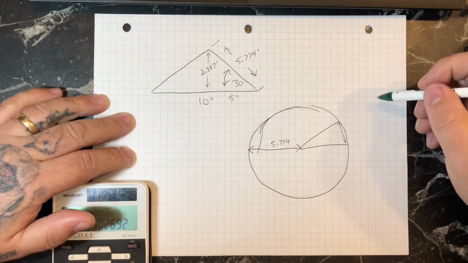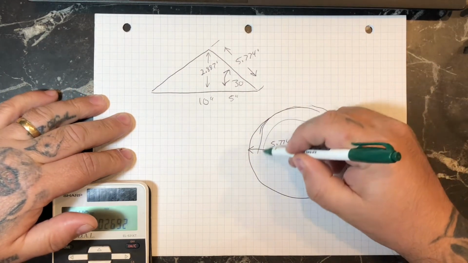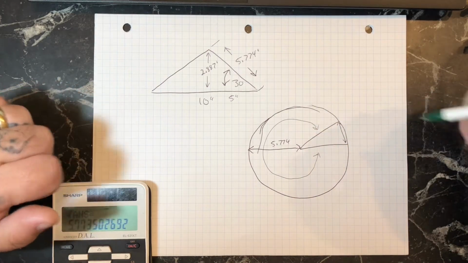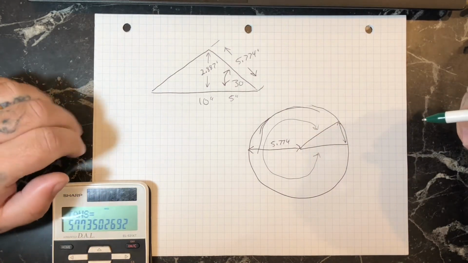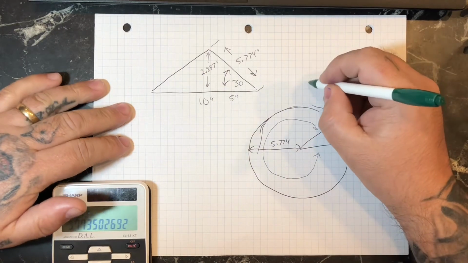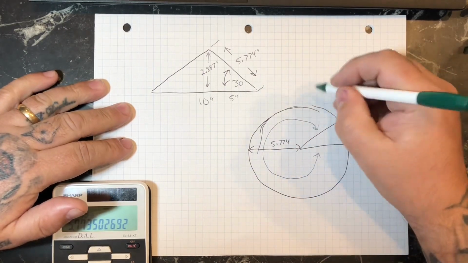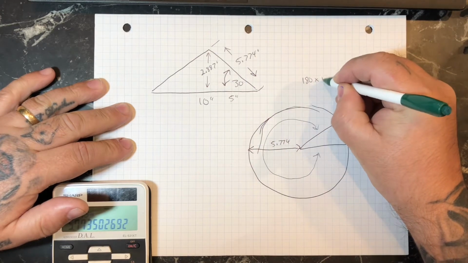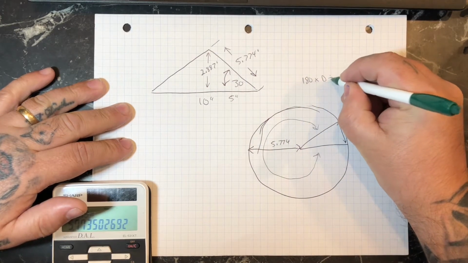The first thing I need to find is this angle here. That's from the radial line worksheet. The formula for that, the stretch-out angle, is 180 times diameter divided by slant height.